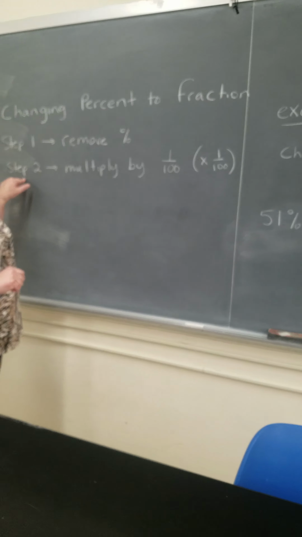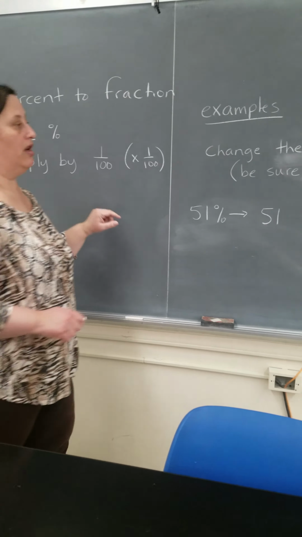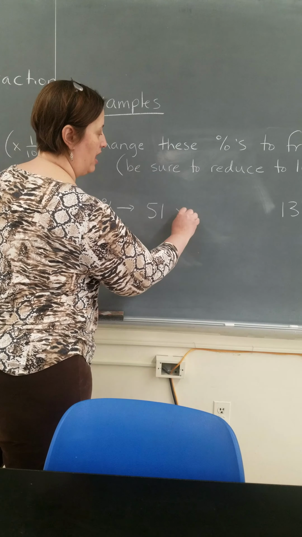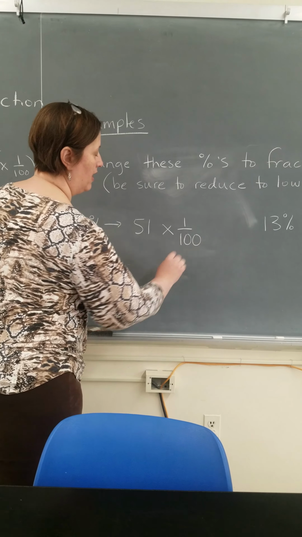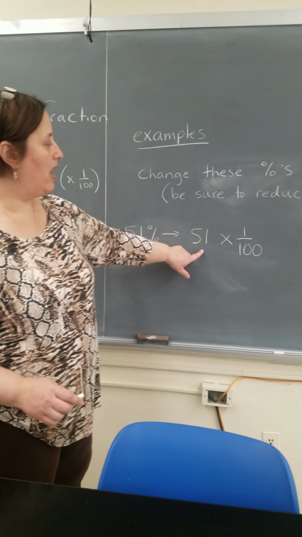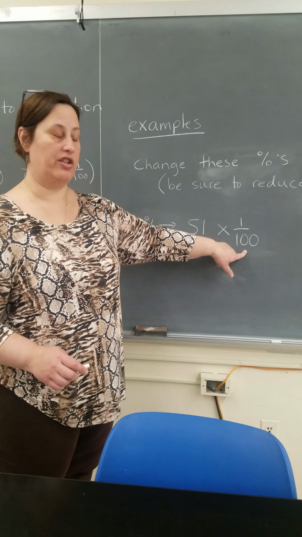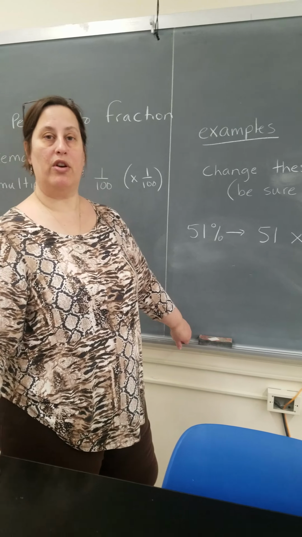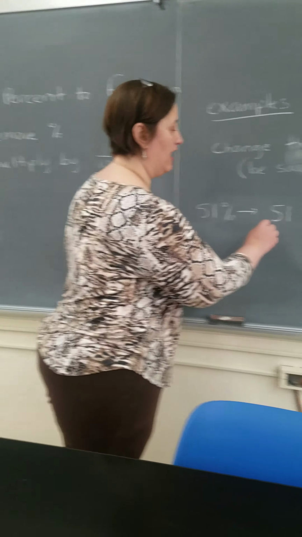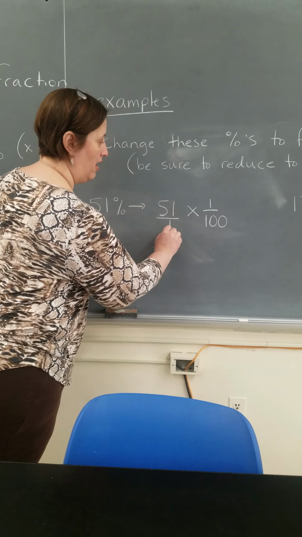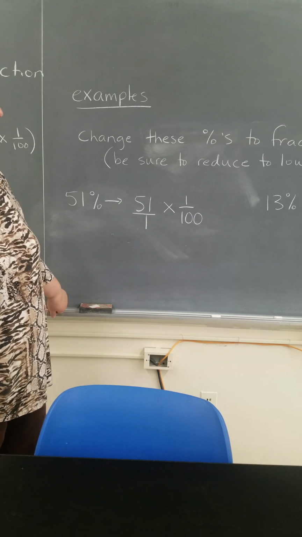Step 2 says multiply by 1 over 100. So we're going to put our times and 1 over 100. All right, so here we have a whole number and we're multiplying it by a fraction. If you recall when we worked with fractions, what we'll do with the whole number is put a 1 underneath it. And then we would look at both of these to see if we can reduce anything.